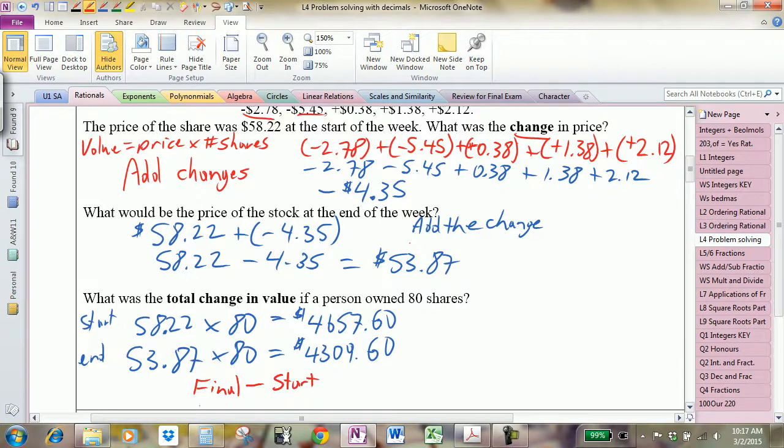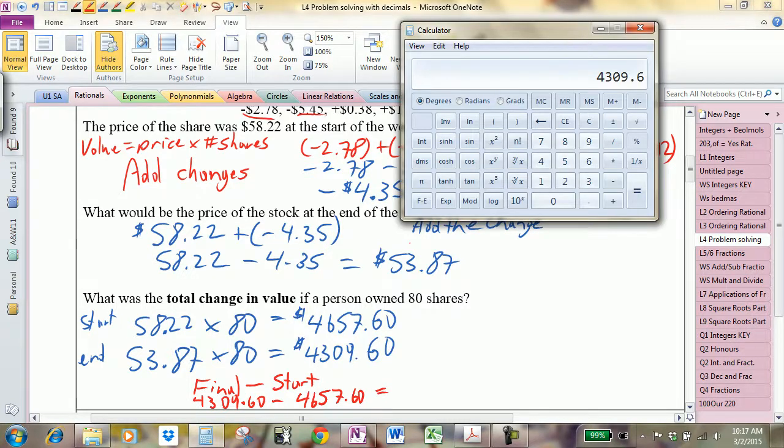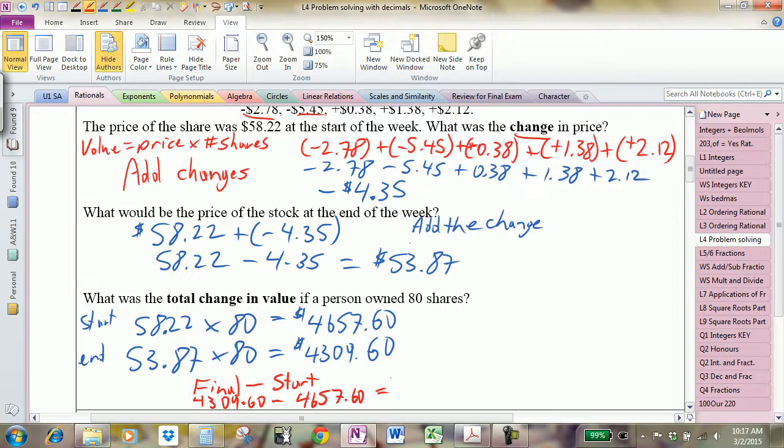So we take 4,309.60 minus 4,657.60. And there's another way I'm going to show you in a second, which is a bit easier. So it's negative 358. 348, pardon me.